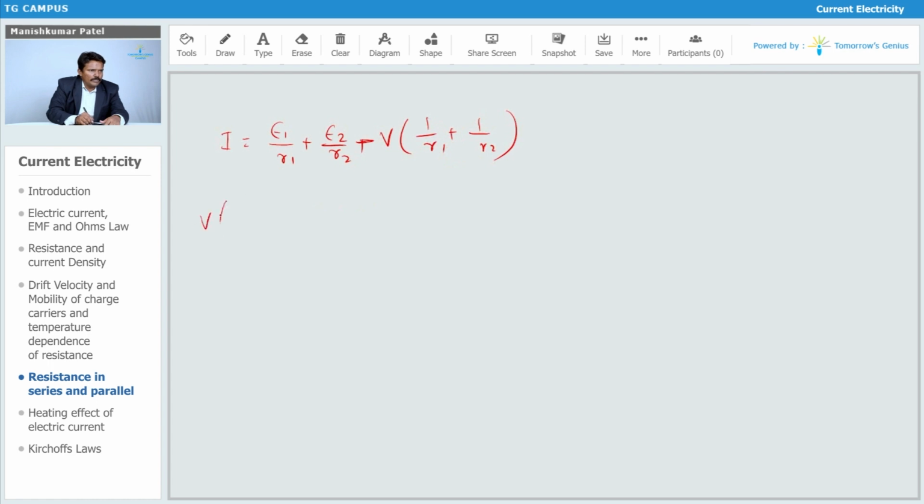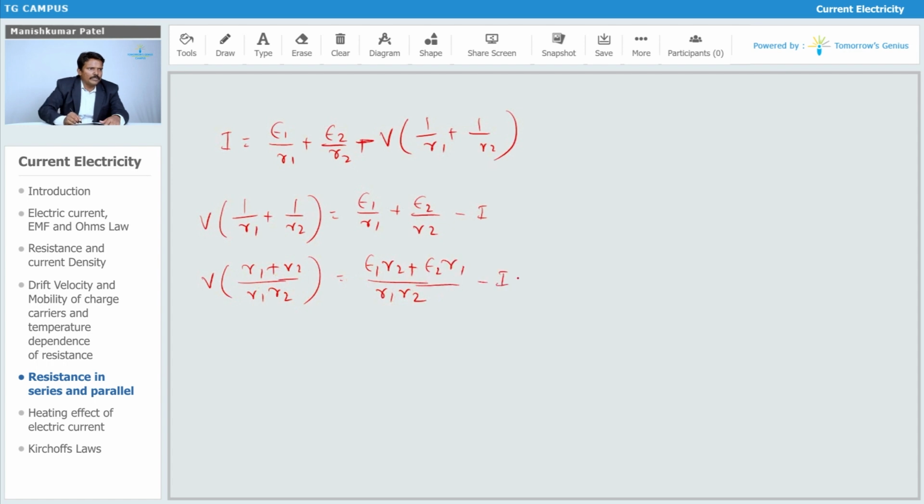So V times (1 by R1 plus 1 by R2) equals E1 by R1 plus E2 by R2 minus I. Writing with common denominators R1 R2, this V becomes (epsilon1 R2 plus epsilon2 R1) upon (R1 plus R2), minus I times R1 R2 upon (R1 plus R2).